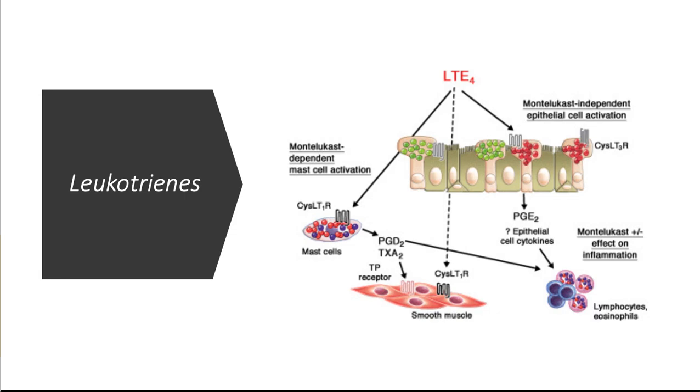LTB4 is produced by neutrophils and some macrophages and is a potent chemotactic agent and activator of neutrophils, causing aggregation and adhesion of the cells to venular endothelium, generation of reactive oxygen species, and release of lysosomal enzymes.